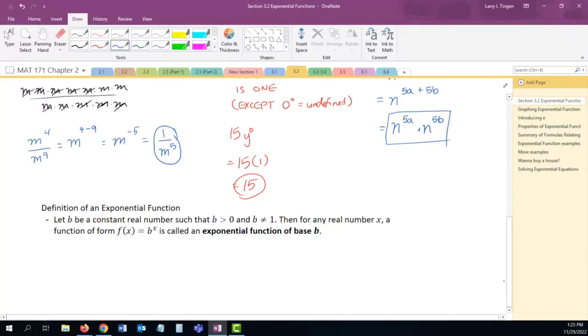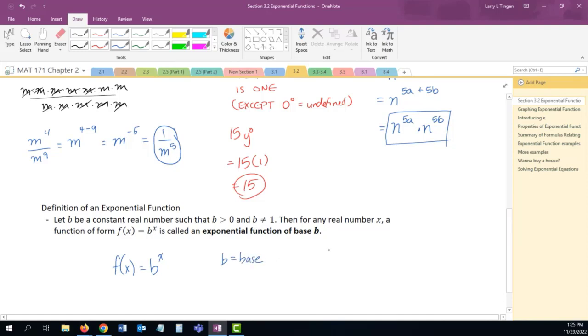And then here is our definition. You're going to see it again at the top of the next page. Let b be a constant real number such that b is greater than 0 and b is not equal to 1. For any real number x, a function of the form f of x is equal to b to the x is called an exponential function of base b. So b is the base. I tried to stay consistent.